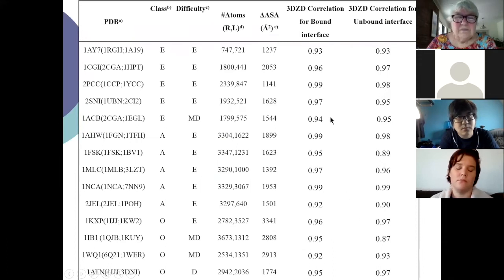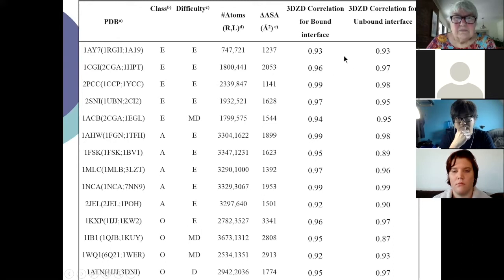Now we also did a benchmark for a dozen protein complexes. On the left, the first PDB entry is a complex structure, and the two PDB entries in parentheses are the individual structures solved, the unbound forms.